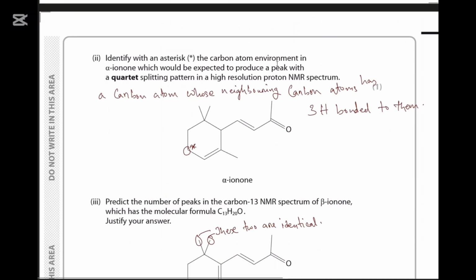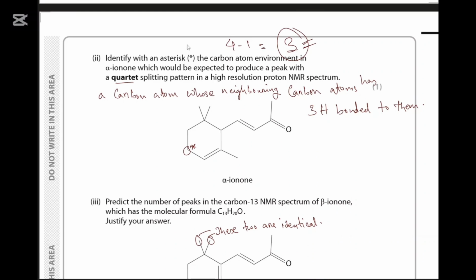Identify with an asterisk the carbon atom environment in alpha ionone which would be expected to produce a peak with a quartet. Okay, we need a quartet, right? That means by the n plus 1 rule, 4 minus 1, we need three hydrogen atoms bonded to adjacent carbon atoms.